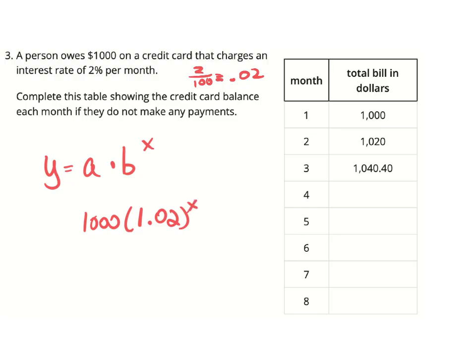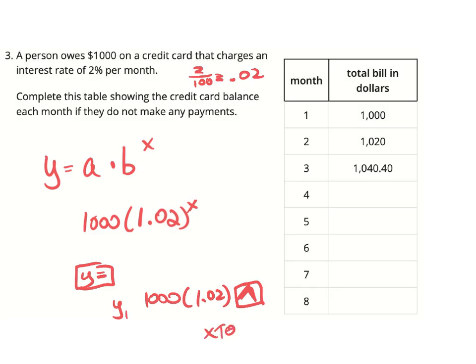Now, on your calculator, hit y equals, the button in the far top left corner. You're going to put in Y1: 1,000, parenthesis, which is over the 8, 1.02, close the parenthesis over the 9, then hit the caret key, which is over the division symbol, and then hit the X,T,theta,n key, which is next to the green button.